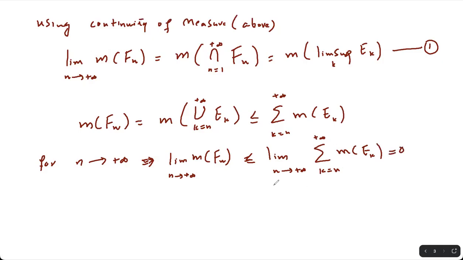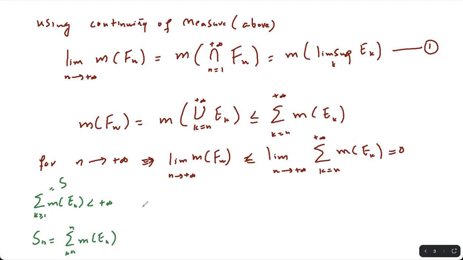Why? Let me explain. It's just a series. Given that the series summation k greater than or equal to 1 of measure of Ek is less than plus infinity, the sequence of partial sums, say Sn, with S the sum, is the summation k from 1 to n of measure of Ek, right?